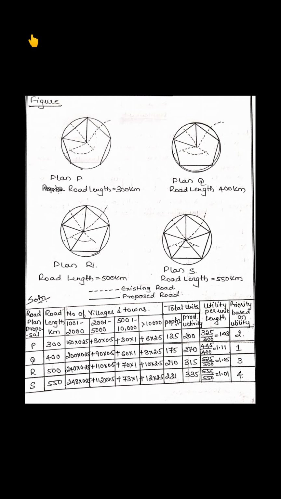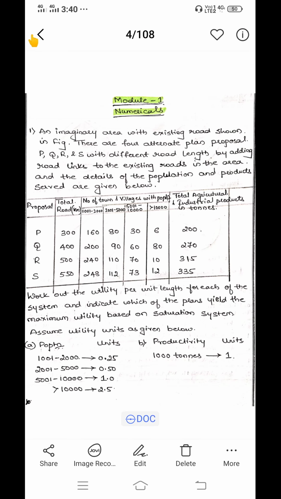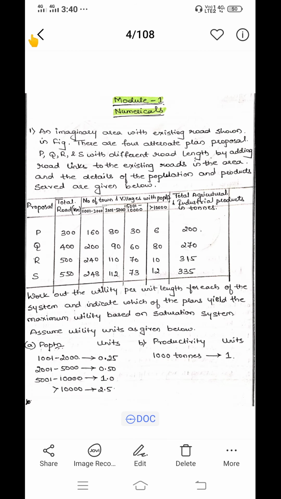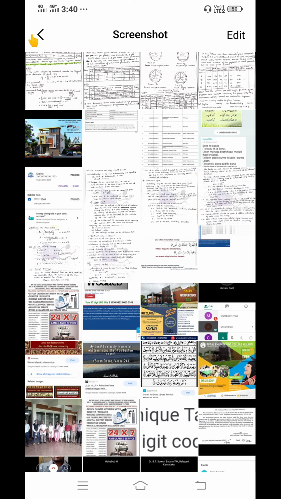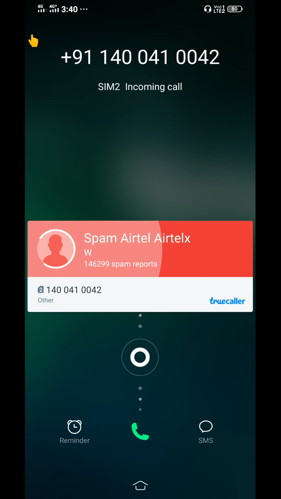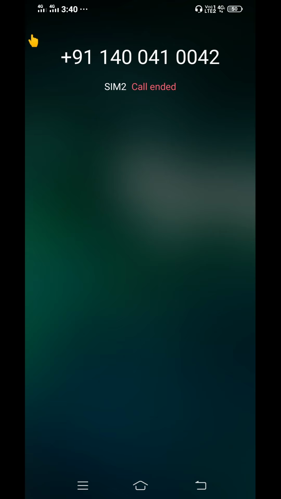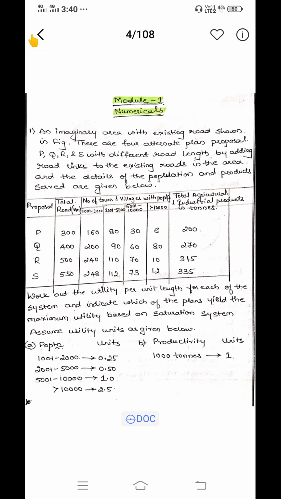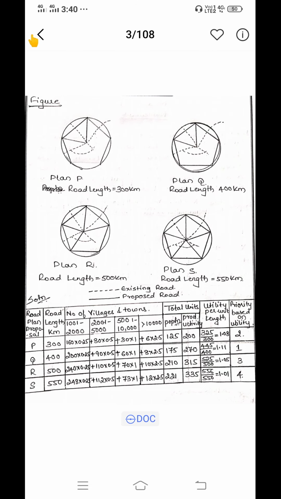For 1000 to 2000 population, in proposal P it is 160 villages. Multiply 160 by the utility unit for 1000 to 2000, which is 0.25.